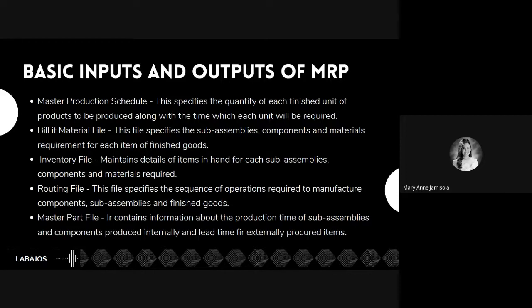So routing file gives us the information as to which activity the inventory is already in, the work in process inventory is already in. And then master parts file, it contains information about the production time of assemblies, sub-assemblies, and components produced internally and lead time for externally procured items.